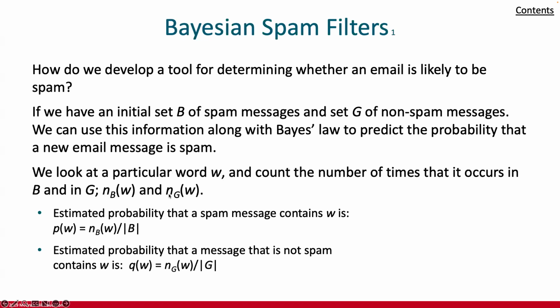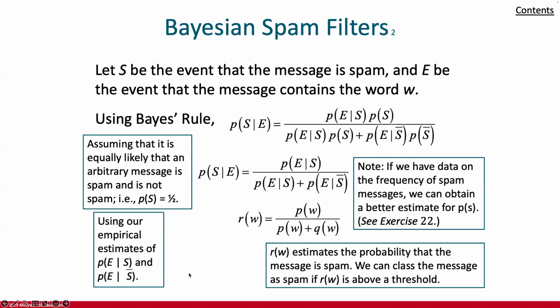And with B of W and G of W, we want to estimate the probability that a message contains W, and we have this relationship, and estimate the probability that the message is not spam, so we'll be using that relationship. We'll work through this example here, and here are some of the developments.